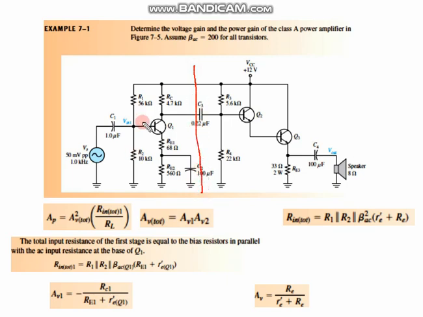R in base, remember we worked out this R in base, or the R in total, for this amplifier, which is a common emitter amplifier. So remember, this will go to short when I find R in total at the AC. So this would be R1 and R2 in parallel, and then I have R in base.